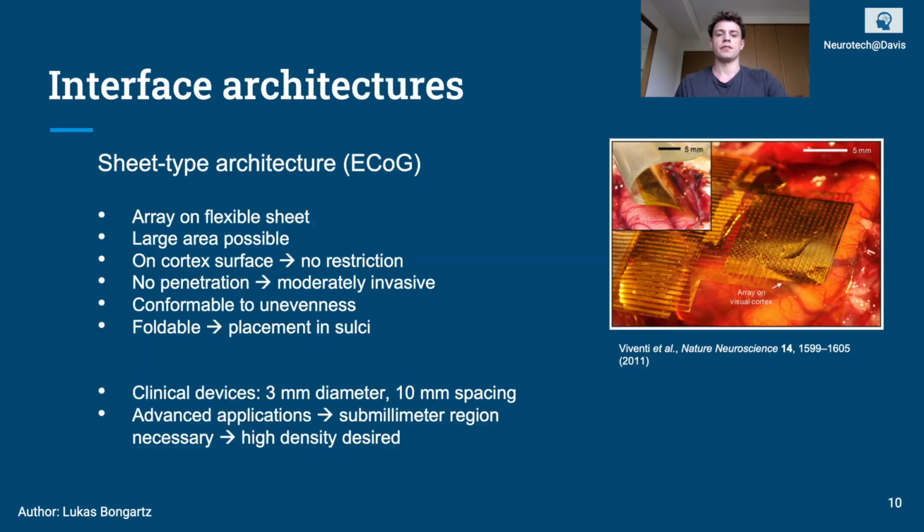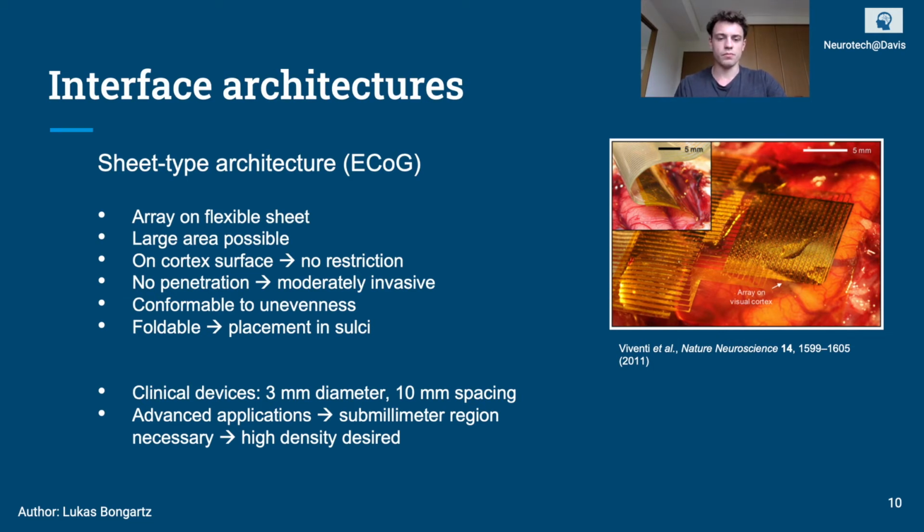The first architecture is the one of a sheet type architecture, which can be placed on the cortex surface, and it has the advantage that it's able to cover quite large areas and does not result in any major movement restriction of the brain. And it also doesn't penetrate it, which is why it's only moderately invasive.